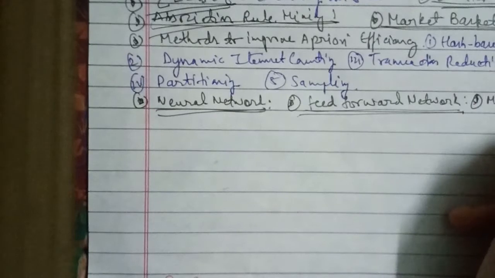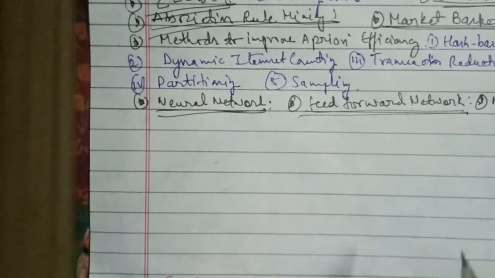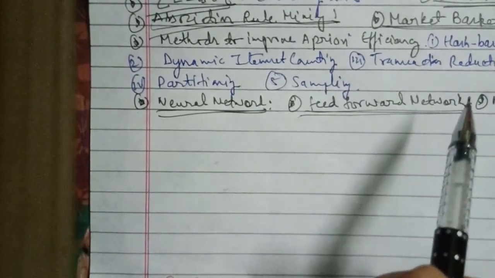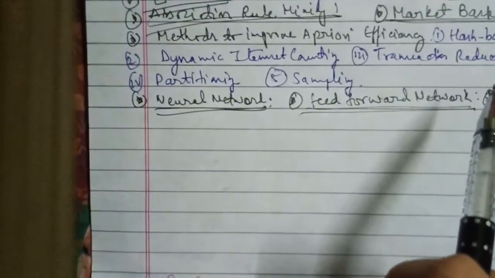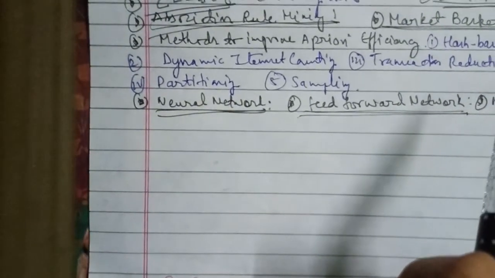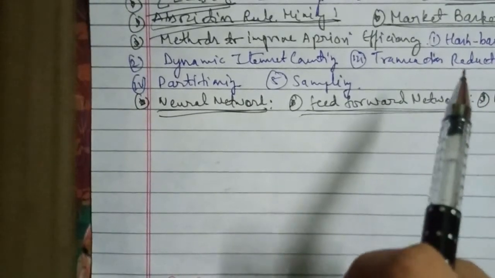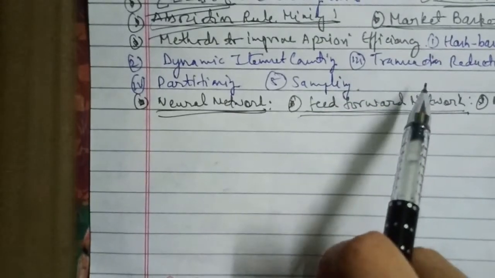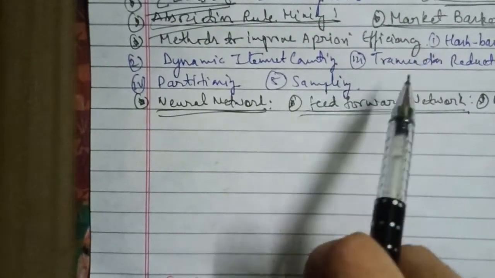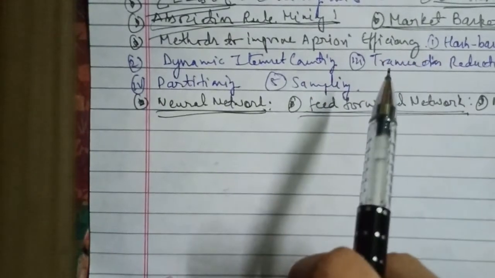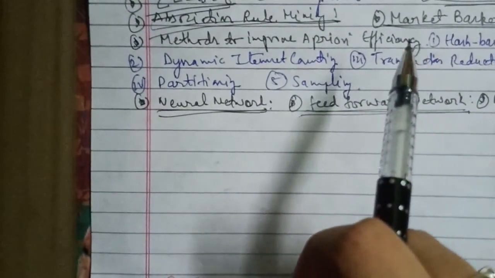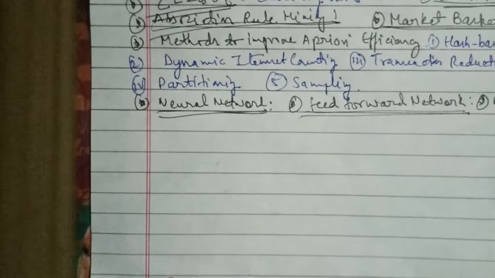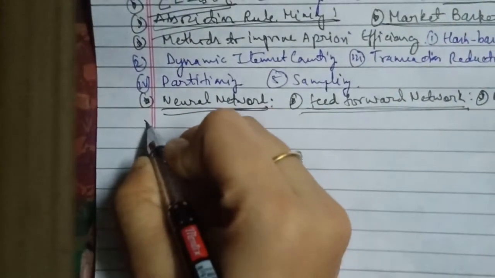In the multi-layer feed forward neural network, the backpropagation algorithm performs learning on a multi-layer feed forward neural network, and the inputs correspond to the attributes measured for each training sample. The inputs are fed simultaneously into a layer of units making up the input layer, and the hidden layer's weighted output can be input to another hidden layer, and so on. Now we'll go ahead to discuss the application based questions.